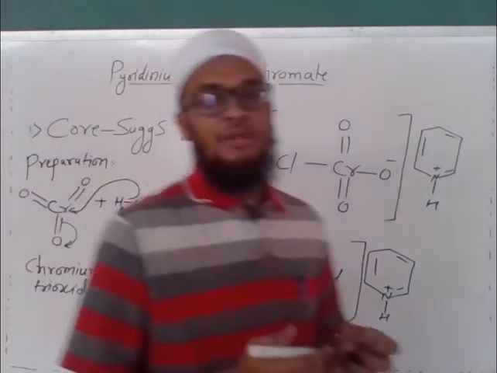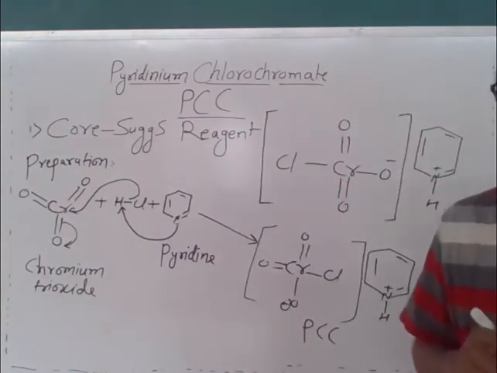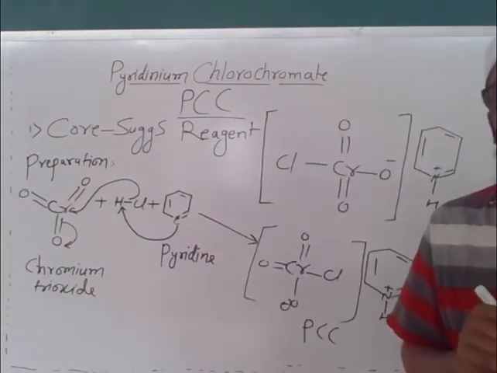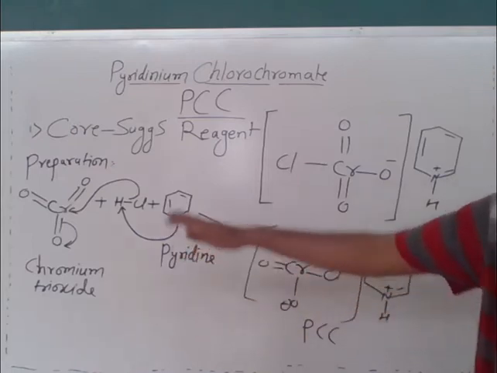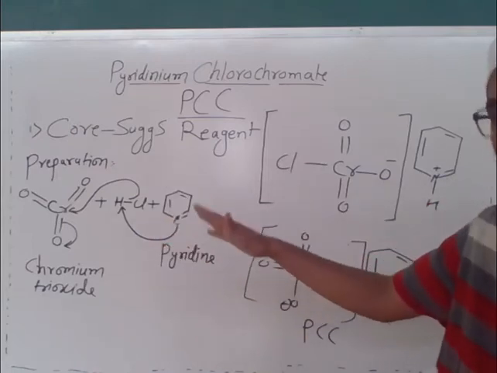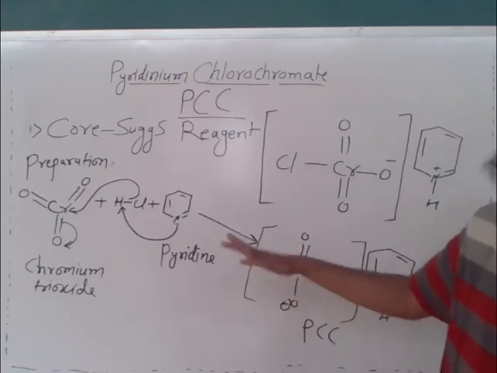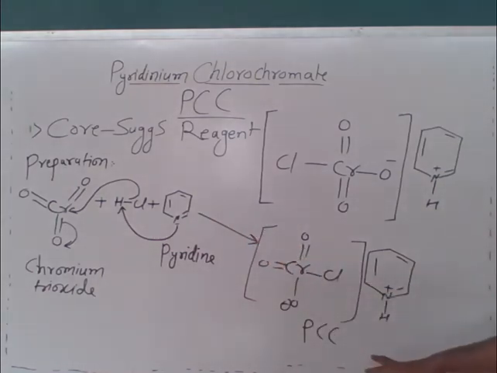So we know how to prepare pyridinium chlorochromate. We require chromium trioxide, hydrochloric acid, and pyridine. It will give us pyridinium chlorochromate.